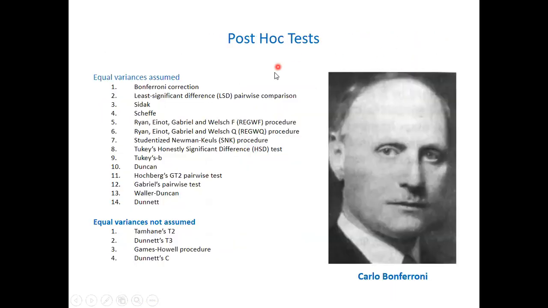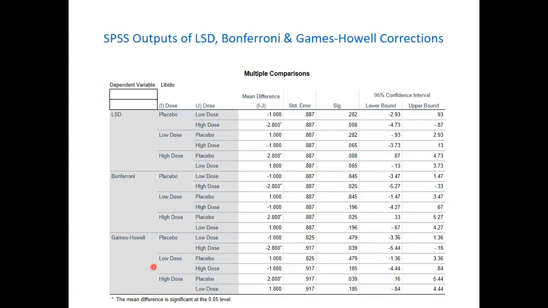So LSD and Bonferroni are the examples you use when equal variance is assumed. But Games-Howell is one of the examples when equal variance is not assumed. So I just compare the three. If you look, you see the same thing.